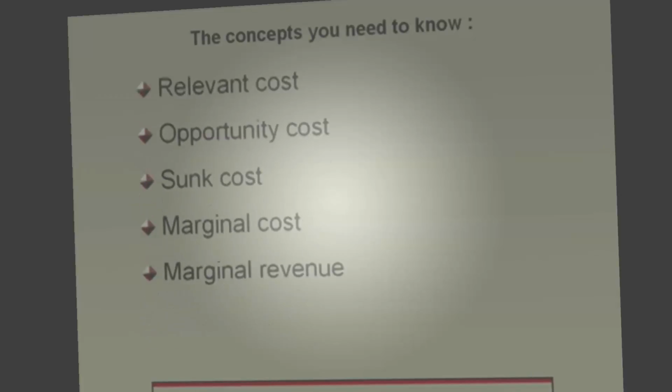The other costs you need to know are relevant cost, opportunity cost, sunk cost, marginal cost, marginal revenue. Of these, in our previous module, we covered relevant cost, opportunity cost, sunk cost, which leaves marginal cost and marginal revenue, which we'll cover in this module.